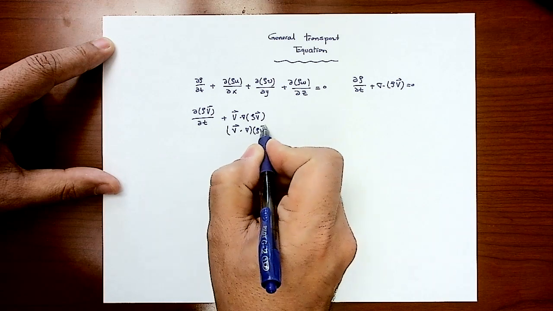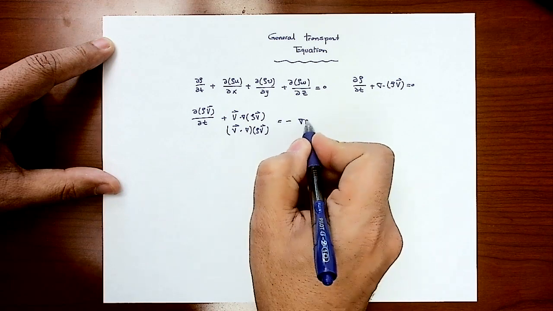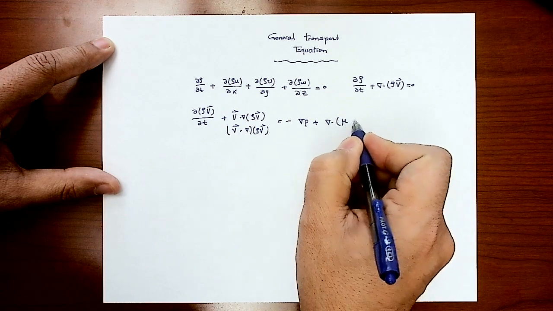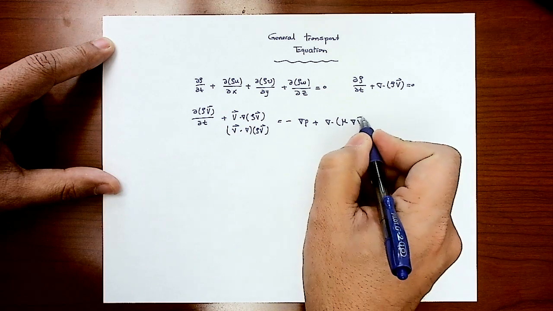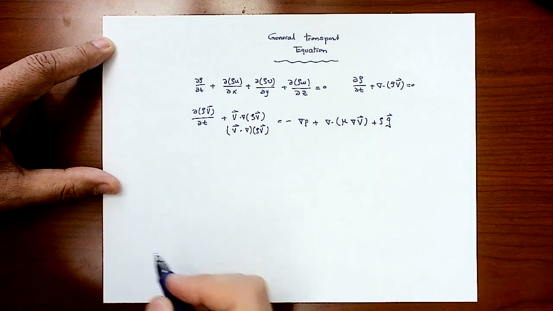You can find both forms equal minus nabla p plus nabla dot mu nabla v plus the body force g.